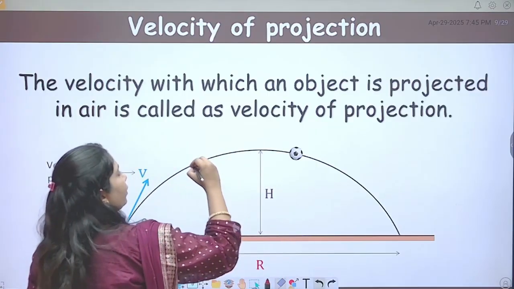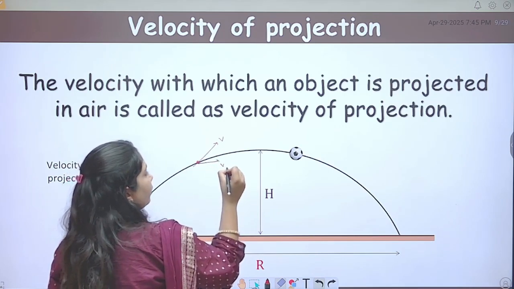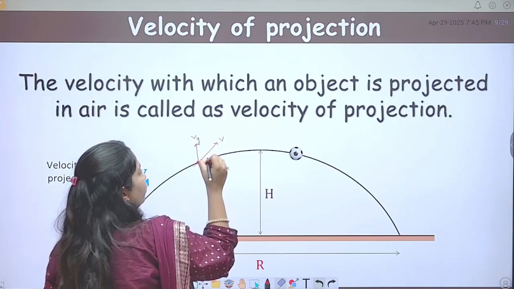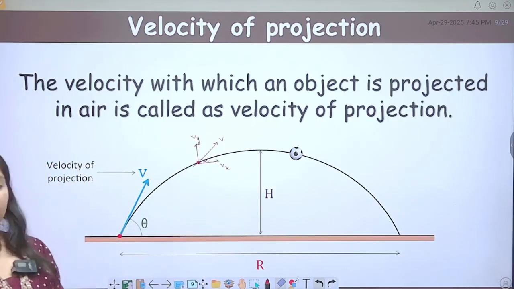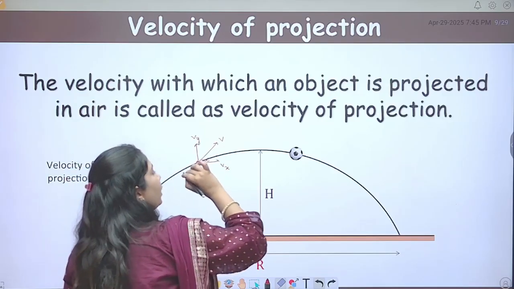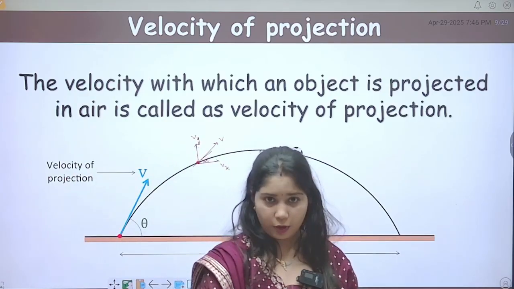At any instant, at this point, the tangent to the direction is the resultant velocity.